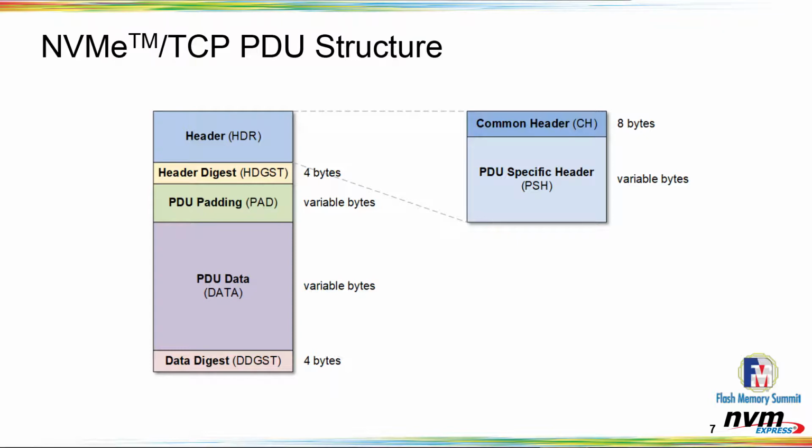After that, we have an optional padding space that's designed to accommodate offload devices that may have alignment constraints. After that, we have the data, should it exist in the PDU itself. We have the entire data that the PDU consists of. Following that, we have a data digest, which is, again, a CRC32C 4-byte digest protection.